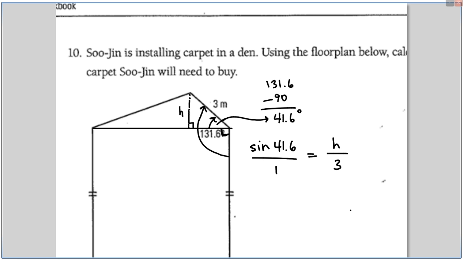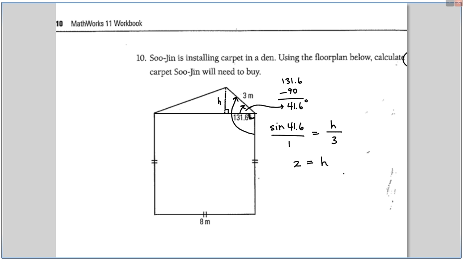So sine 41.6 times 3. I'm getting basically 2, 1.99. Now I can go base times height divided by 2. The base is 8 times 2 divided by 2, which is just 8 square meters.